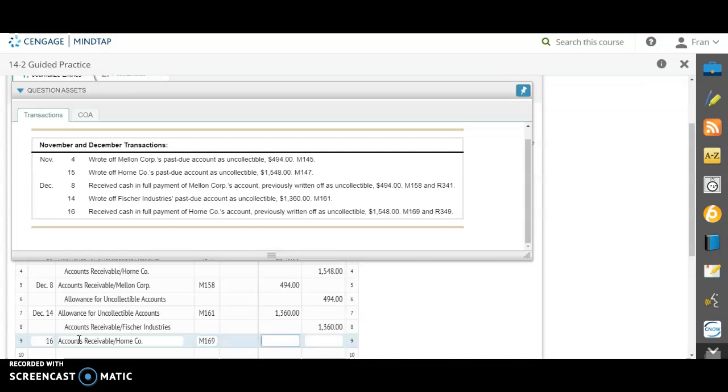And the amount is $1,548. And allowance for uncollectible accounts, $1,548. So we just reopened their account again.